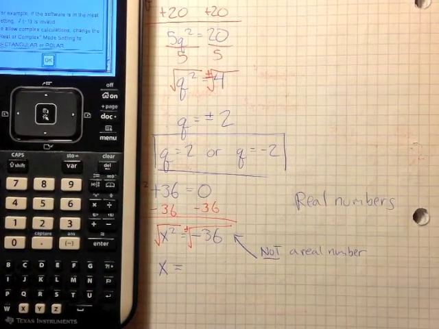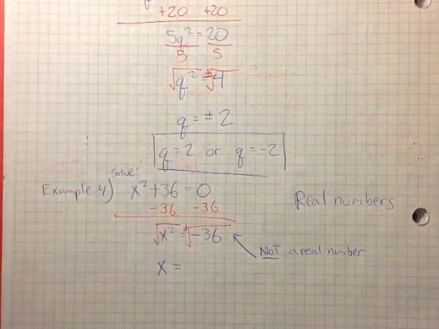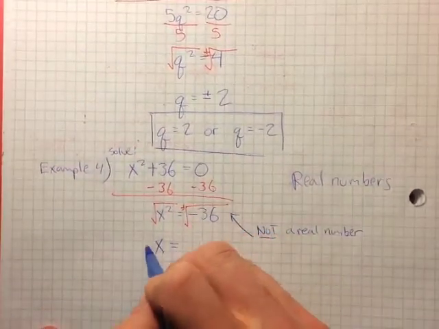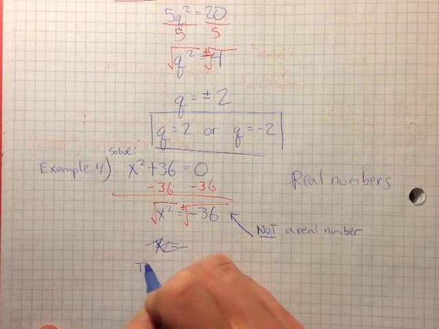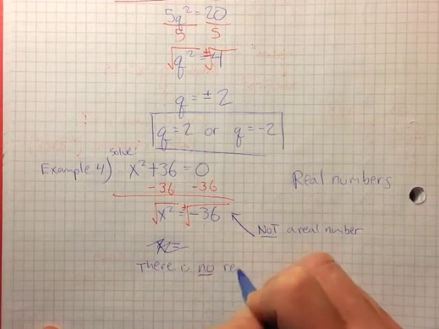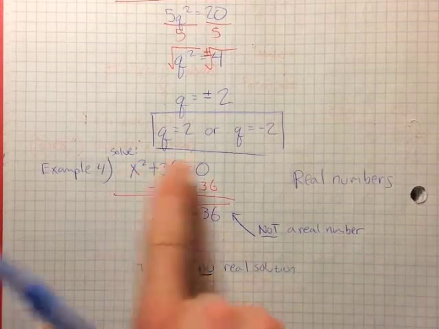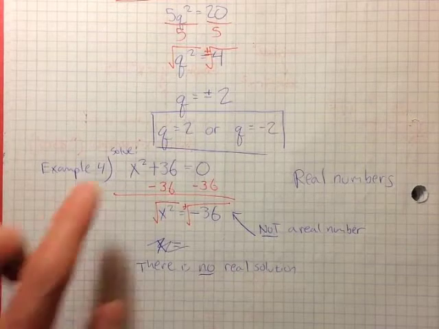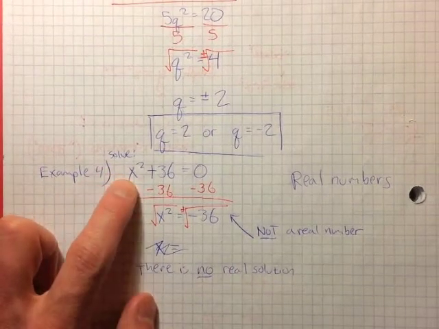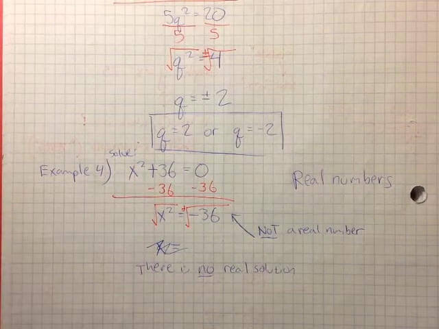What does that mean if it's not a real number? Well, what it means is that basically there is no solution. There is no real solution to that equation. There is no real number that will make that equation true when it's plugged in for x.